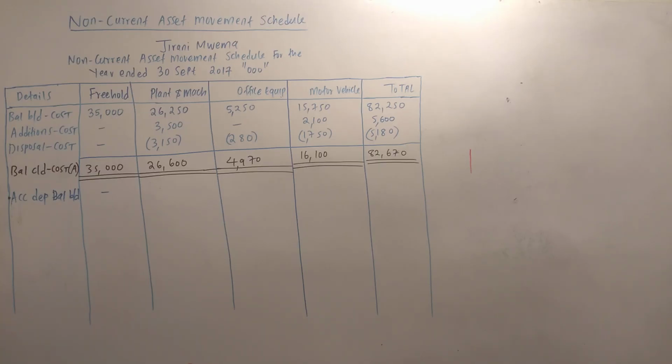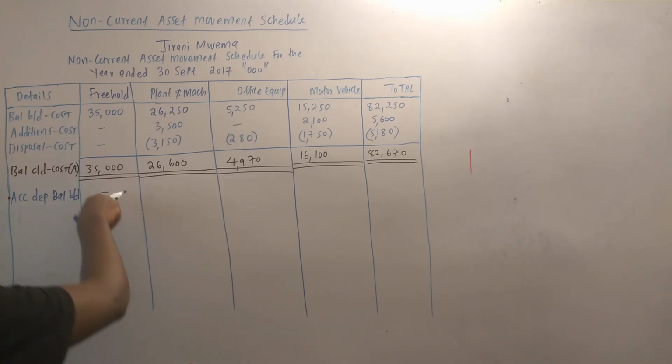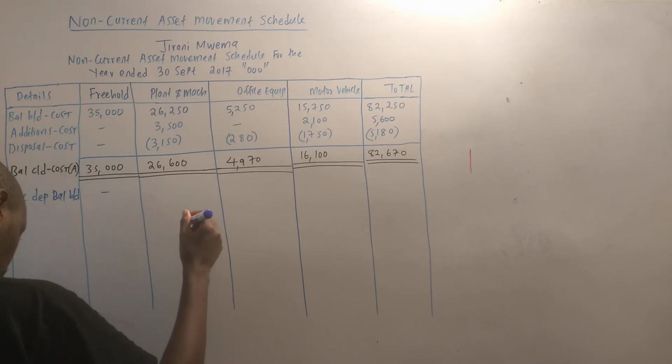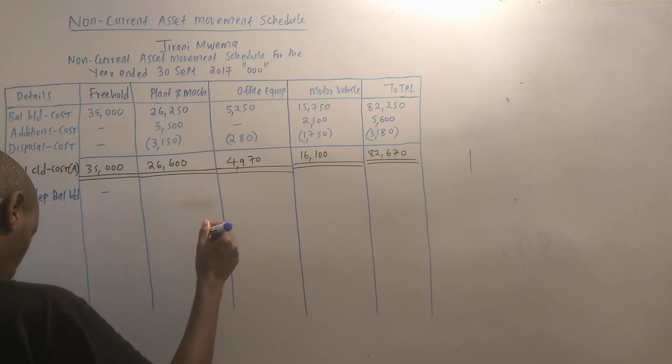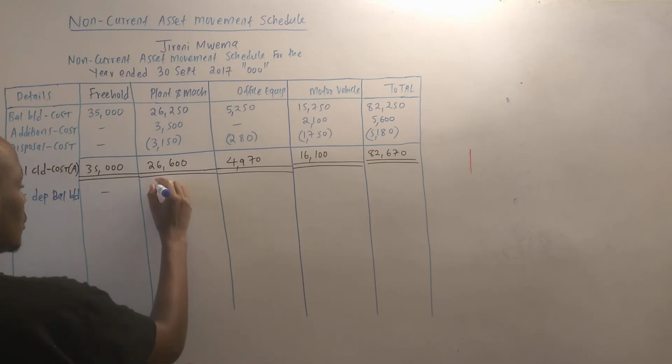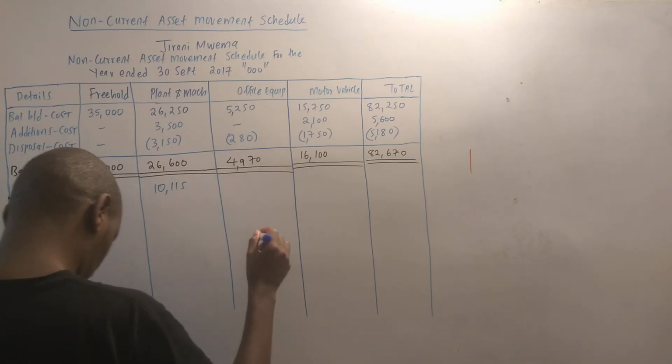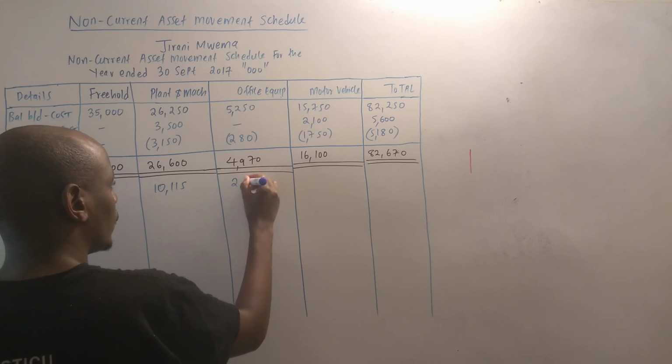Meaning there is a depreciation. So for this one, there is no accumulated, but we have accumulated for 2015 at the end for plant and machinery, which is 10,115. Then 2,555.